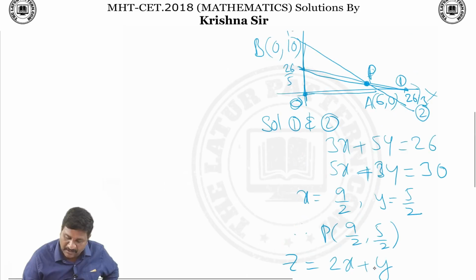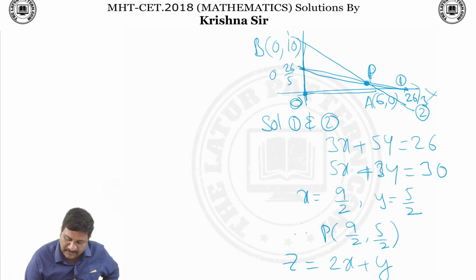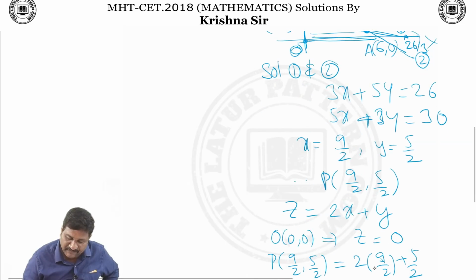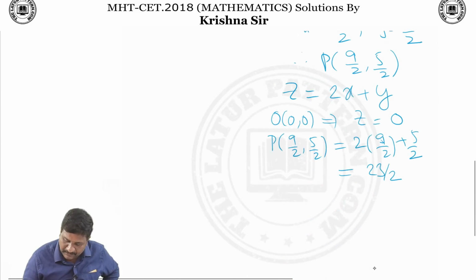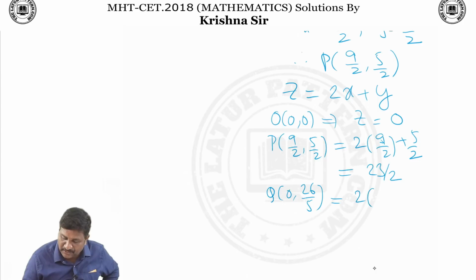Similarly, another corner value (0, 26/5). You substitute in the Z, in place of x it is 0, plus y, that is 26 upon 5. So 26 by 5 is the remaining.